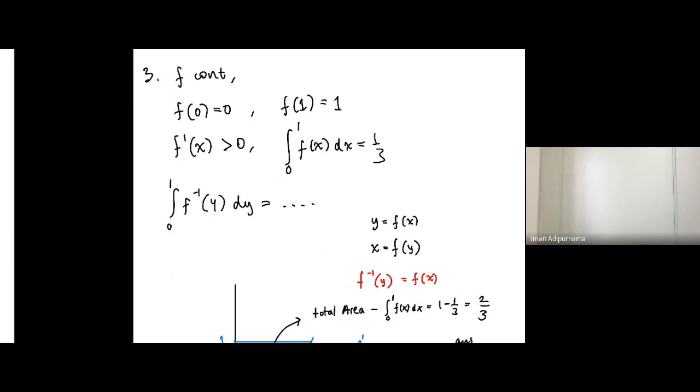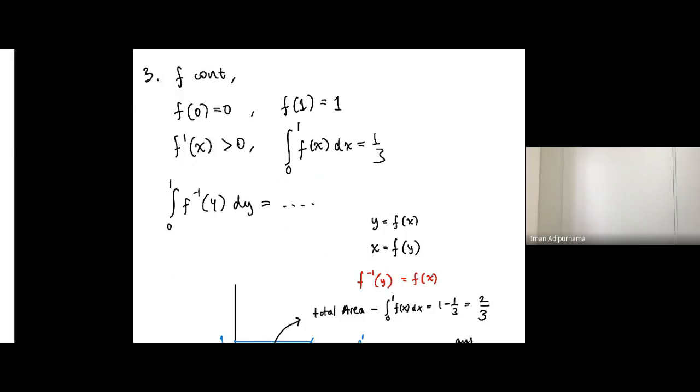Number 3, you have all this information. If you think carefully, I'm giving a clue. See, 1 over 3. You can also guess actually, but you can write down this answer in random functions. That's also fine.